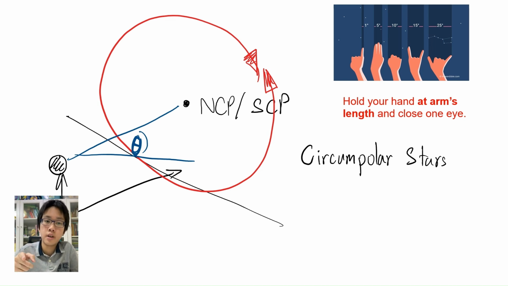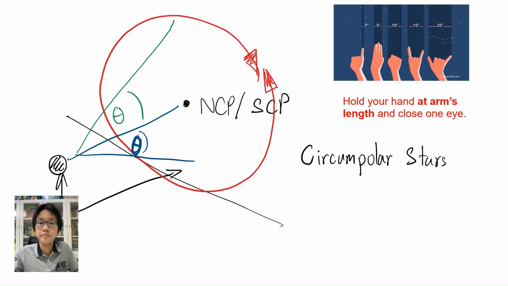This one degree is that blue theta, which would equal the green theta right there, and the stars within this range, this declination, won't go off the ground, and they are called circumpolar stars. And yeah, that's all for this video. Thank you everyone for your attention.